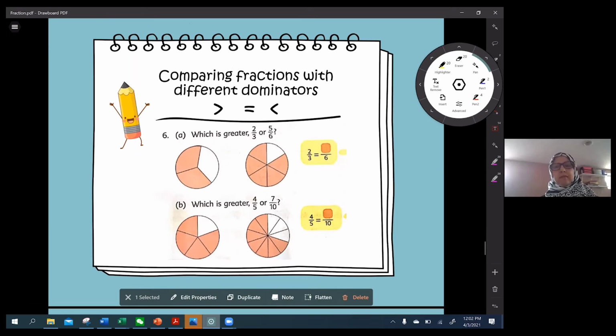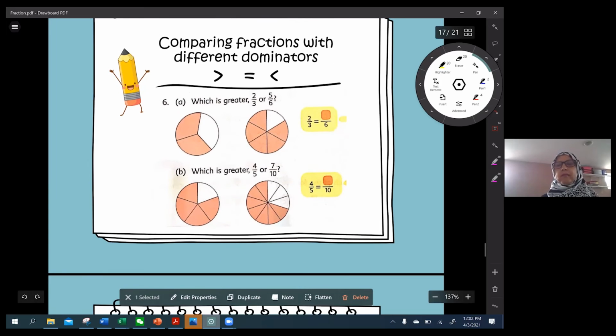Because now I'm gonna do 6 divided by 3 equals 2. 2 times 3 equals 6, but 2 times 2 equals 4. Now we have the same denominator, we compare, and 4 and 5, 5 is bigger.